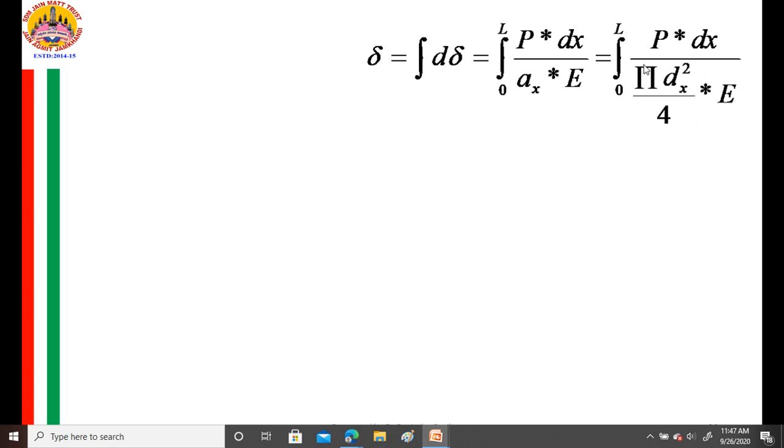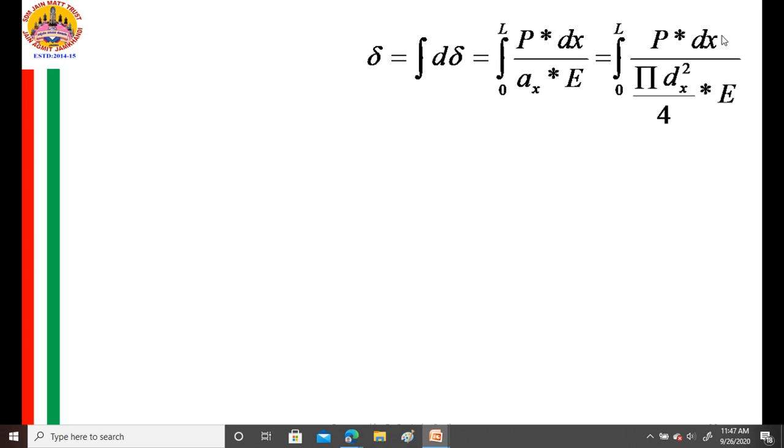This is the difference here. Ax is given by pi dx square divided by 4, into E. It is d subscript x, the depth of that circular shaft at a distance x from one of the ends. That we have already calculated.